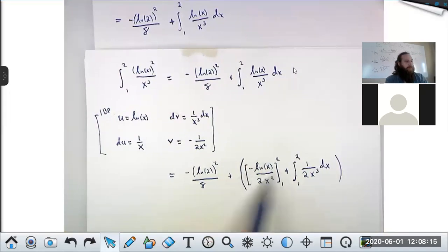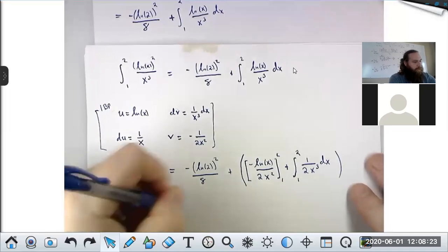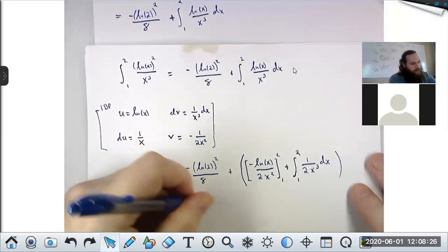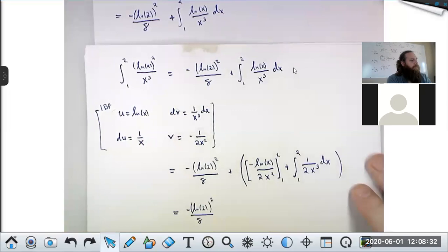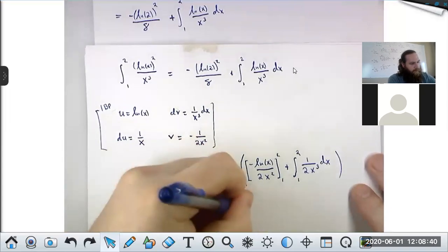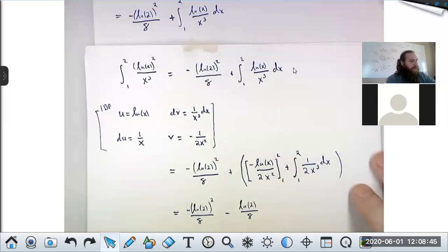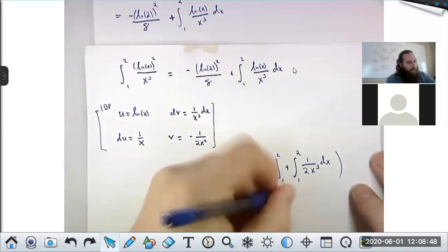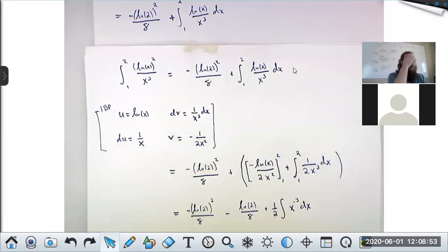Again, when I evaluate this piece at the lower bound of 1, the numerator is 0, so I won't get any contribution from that. I can pop the 1/2 out of the other integral, so this is negative ln2 squared over 8. The upper bound here will give me negative ln2 over 2 times 4, so that's negative ln2 over 8. And then I have my plus 1/2 integral x to the negative 3 dx from 1 to 2.